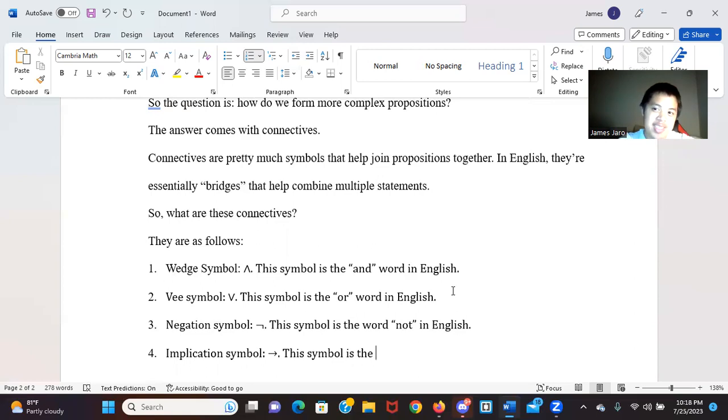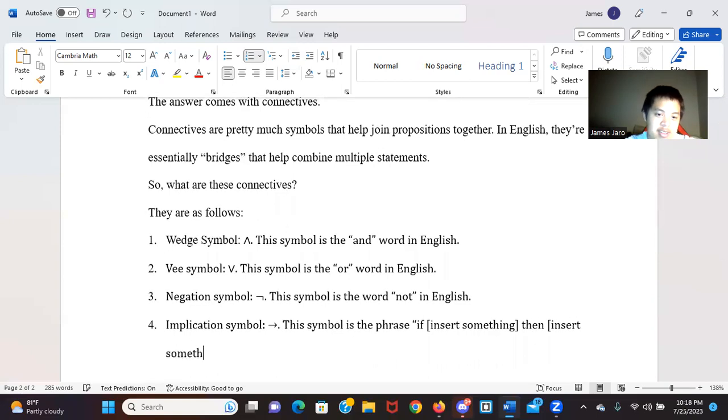It is the phrase "if insert something here, then insert more things here." So basically, if something happens, then something else has to happen. Think of this as a contract of some sorts.